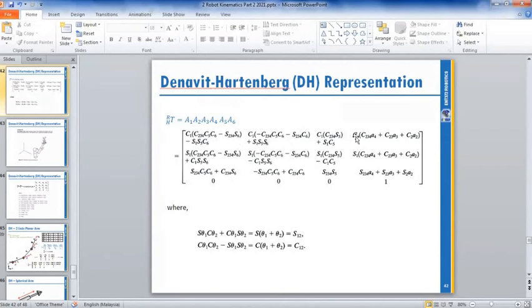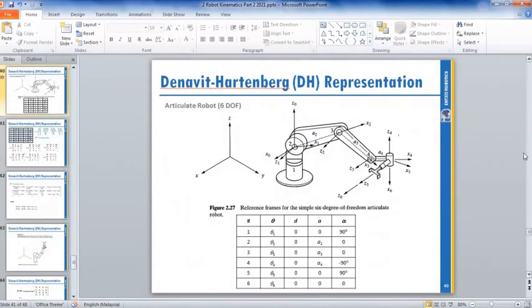So this is the matrix that you put inside your controller, not the one before that. Before that is the general formula to show you. But this is the formula after you multiply all your matrices from A1 to A6, so you get a single matrix for your specific articulated robot that has 6 degrees of freedom.